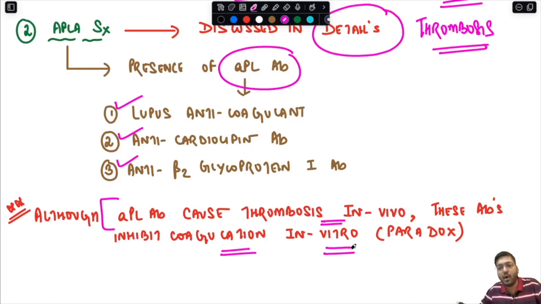But the same antibody, outside, when we are testing for it, acts in the opposite manner. In vitro, under laboratory conditions, they inhibit coagulation and increase the clotting times, especially the APTT. So this is a very important concept to understand.